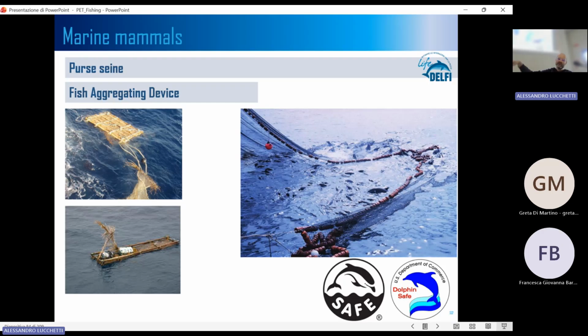That's why they were used to encircle everything. Obviously, this practice is forbidden. That's why there are several different dolphin safe labels, etc. But who knows what happened 200 miles from the coast without any onboard observer.